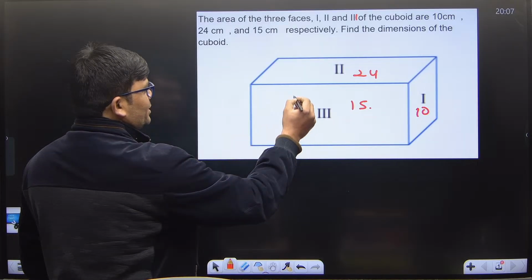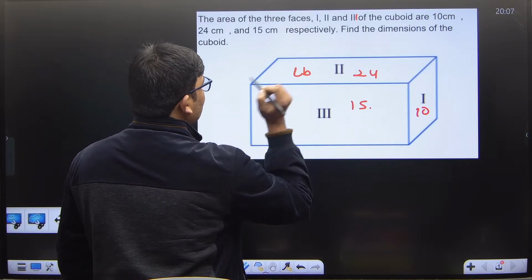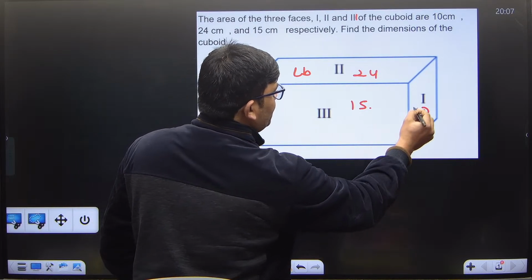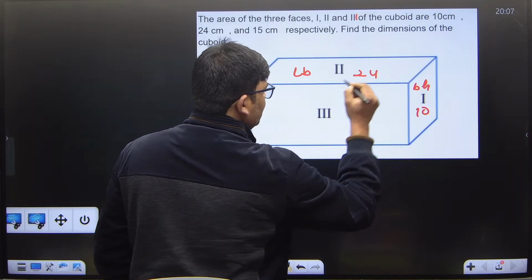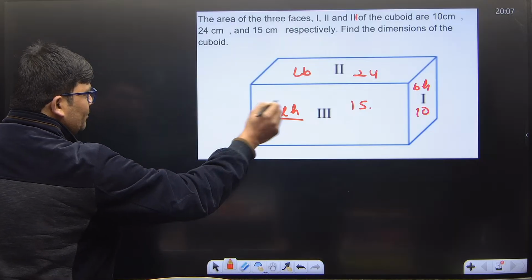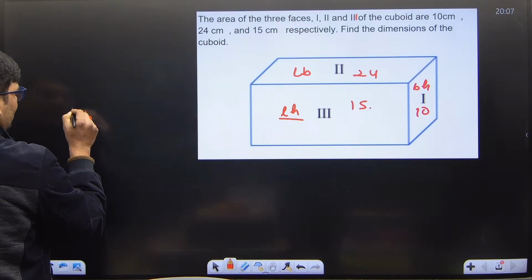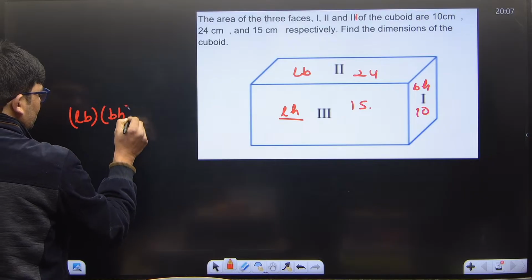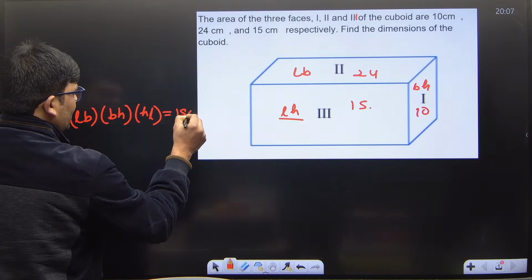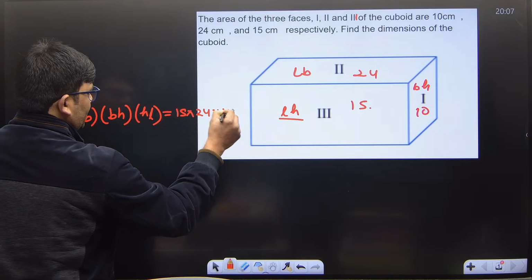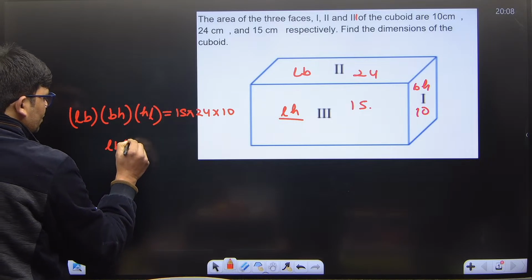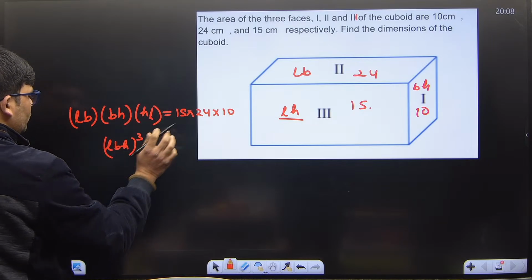So you can say this is L into B, this is going to be B into H, and this is going to be L into H. So if you multiply all these three, LB into BH into HL, it will become 15 times 24 times 10. So you will get LBH whole square.